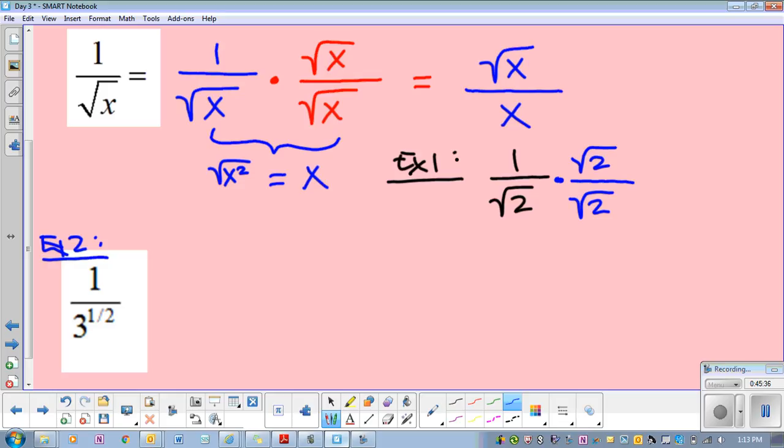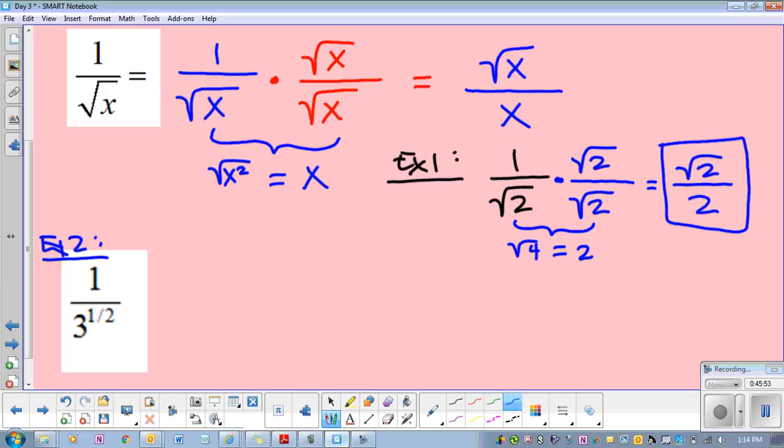So then that equals square root of 2 over, what is this? Yeah, square root of 4, which equals 2. Are we okay with that?